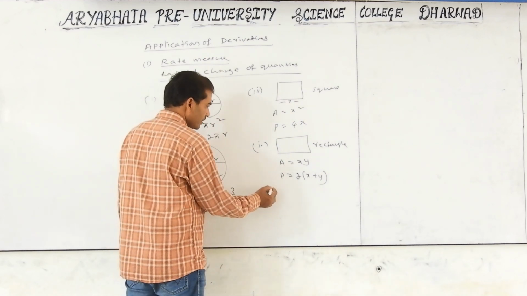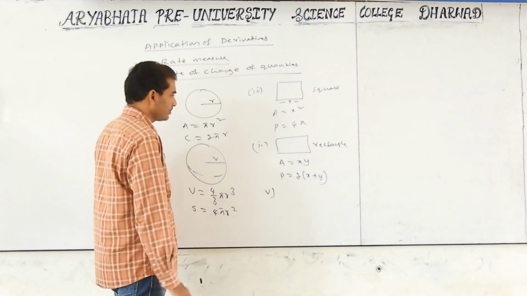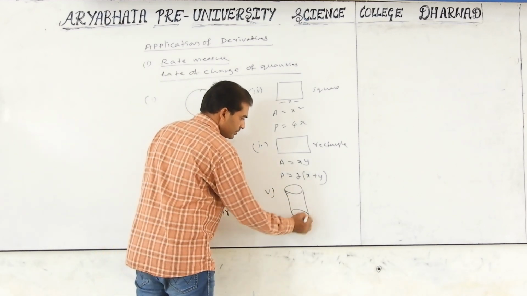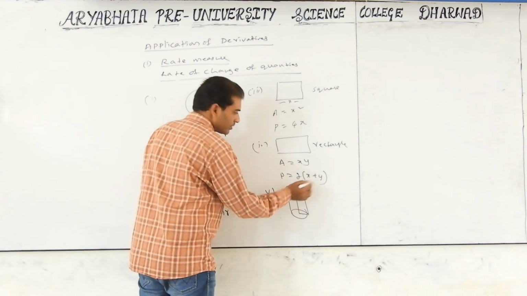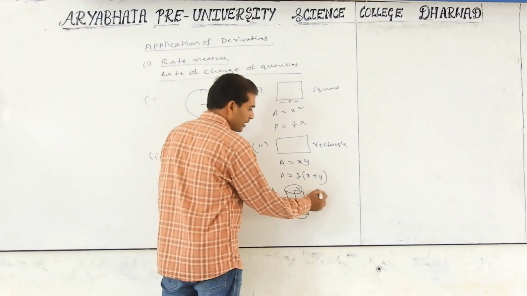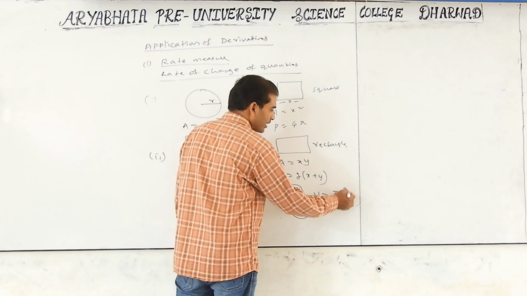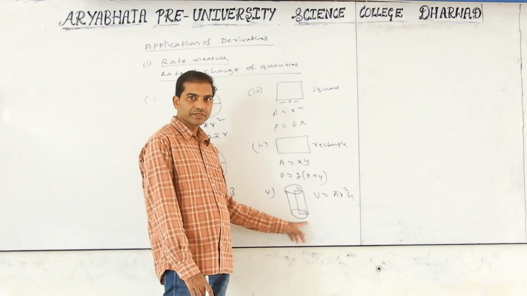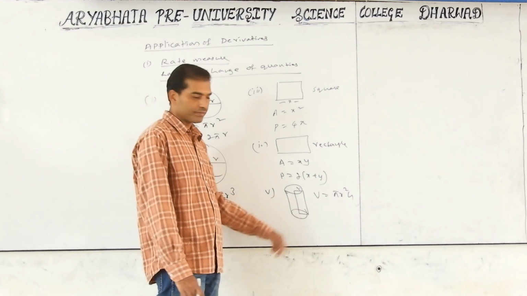Next, fifth formula, cylinder. The volume of cylinder V equals pi r square h, where h is the height of the cylinder, r is the base radius of cylinder.